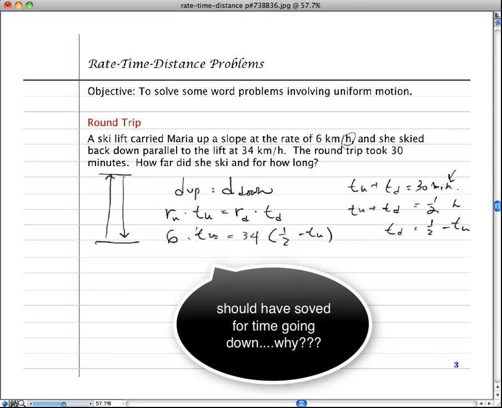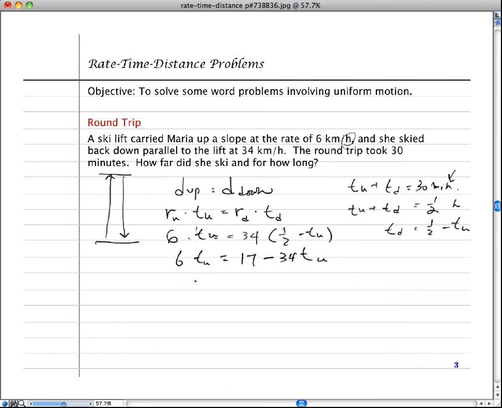So we distribute the values, which will give you 6 times t sub u is equal to 1/2 of 34, which is 17, minus 34 t sub u. We're going to bring the 34 to the other side. That will give you 40 t sub u is equal to 17. And t sub u is 17 over 40.